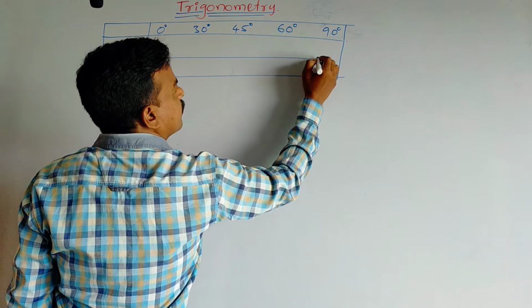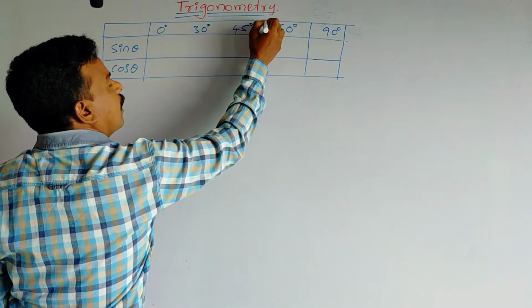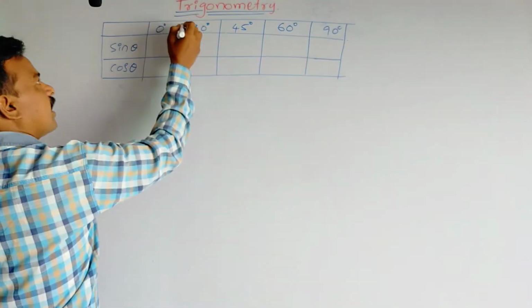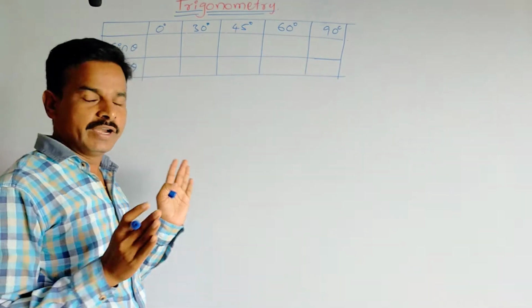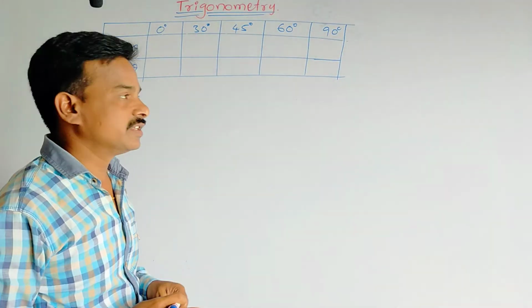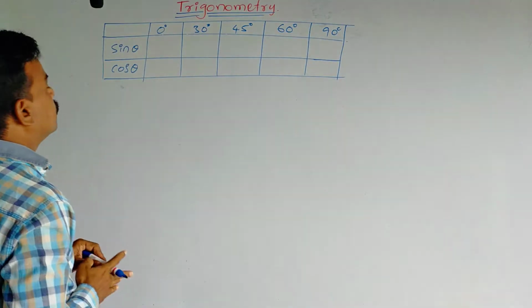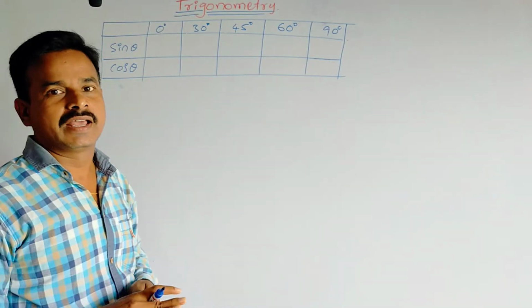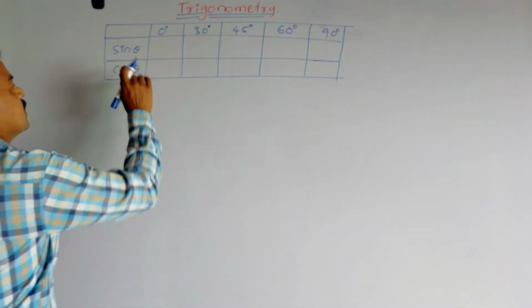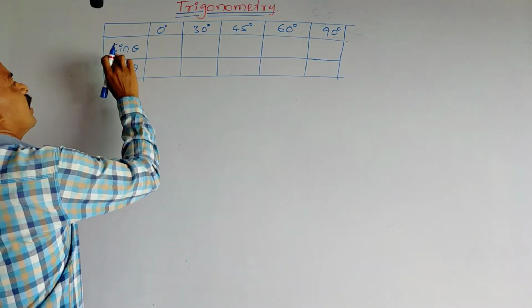How we can prepare it easily, the trick for the trigonometric table, I explained in the previous video. You can watch it there. Just search in the playlist named 10th class. You see now, class 10 or 10th class.